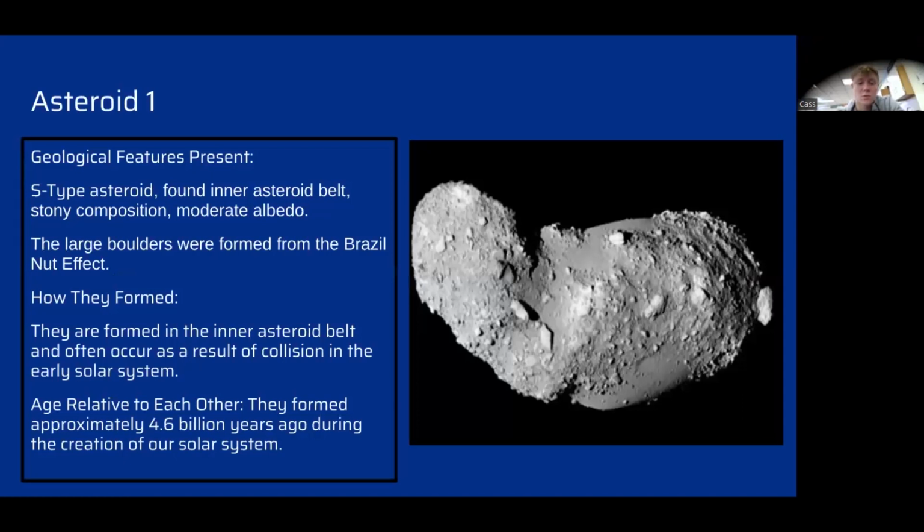They're approximately 4.6 billion years old, and were created during the creation of our solar system. And the large boulders found on these asteroids were created because of the Brazil nut effect.